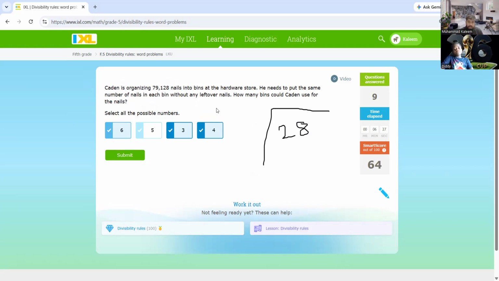For 4, we have to test the last two digits. If the last two digits are a multiple of 4, divisible by 4, then the whole number will be divisible by 4. So yes, here the last two digits are a multiple of 4, so that's why this whole number will be divisible by 4 as well. Okay, submitted. That's the right answer.